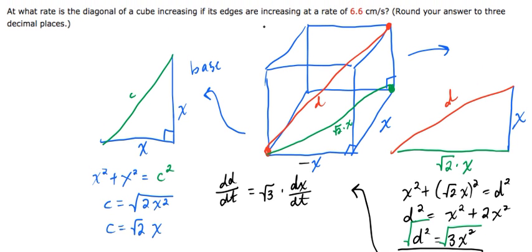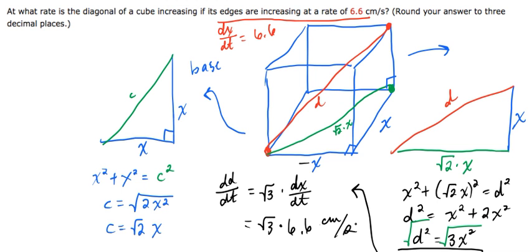Then we can plug in the fact that its edges are increasing at a rate of 6.6 centimeters per second. So that means that dx dt is positive 6.6. So we just plug that in right down here, and you get root 3 times 6.6, or you could approximate that answer. And our units are in centimeters per second here.